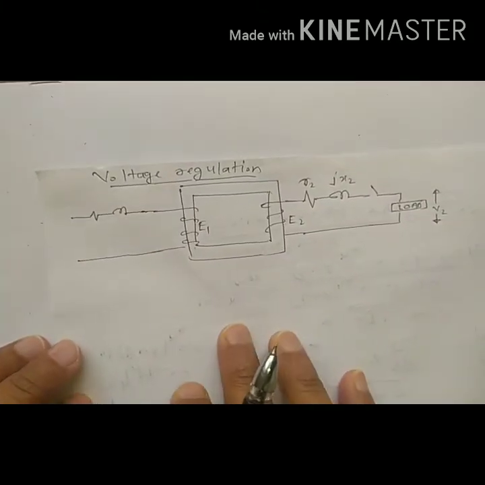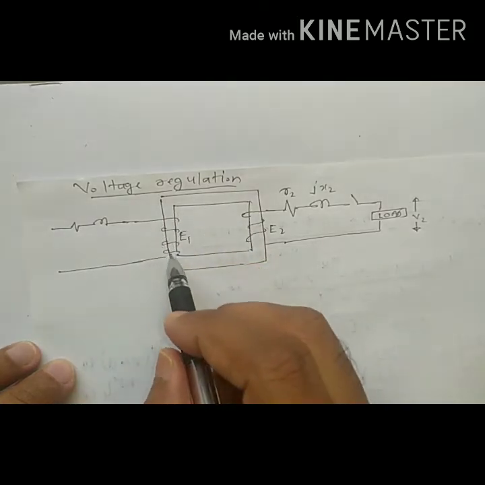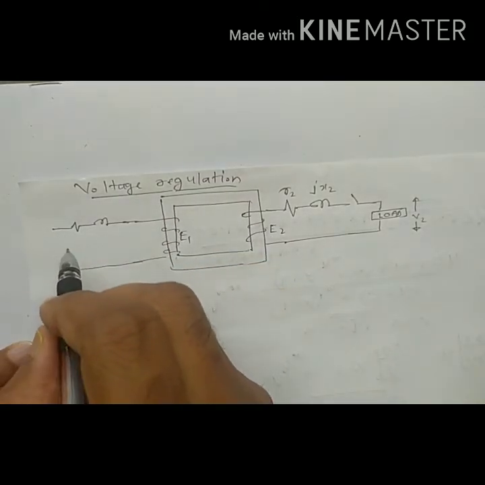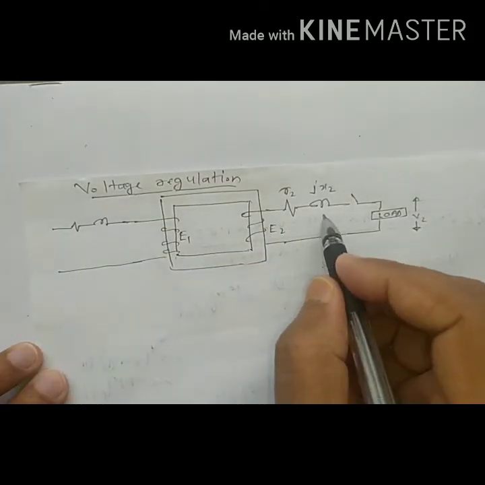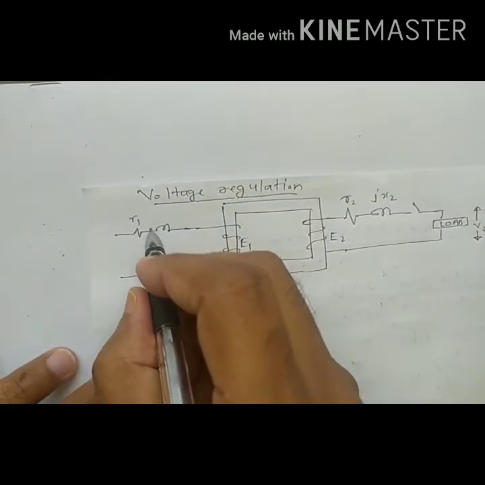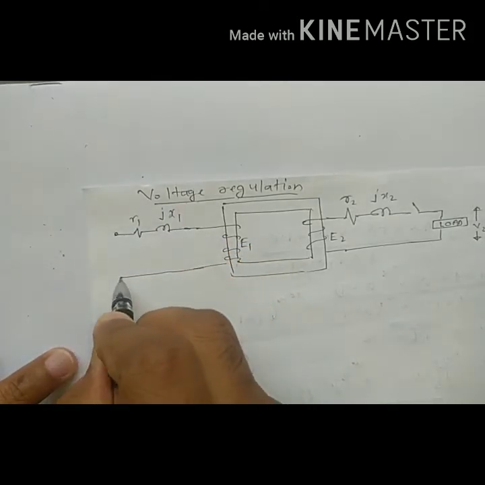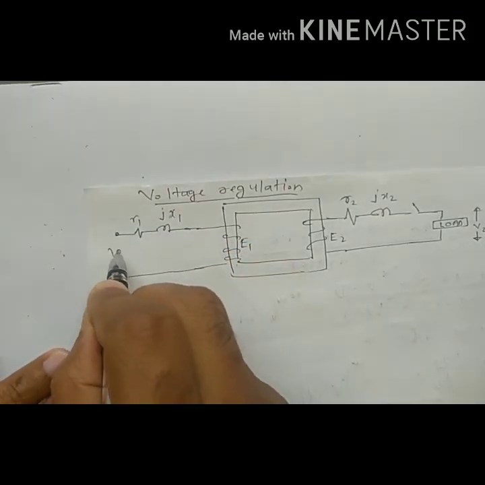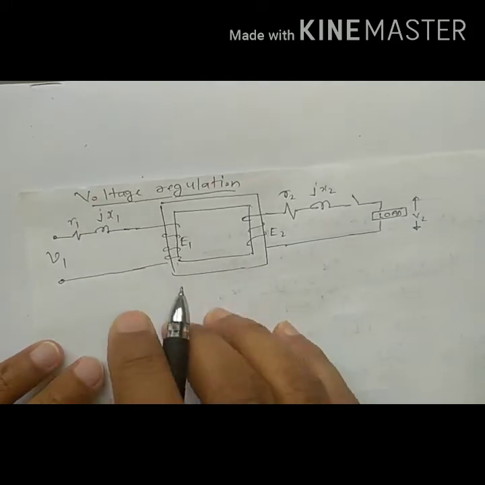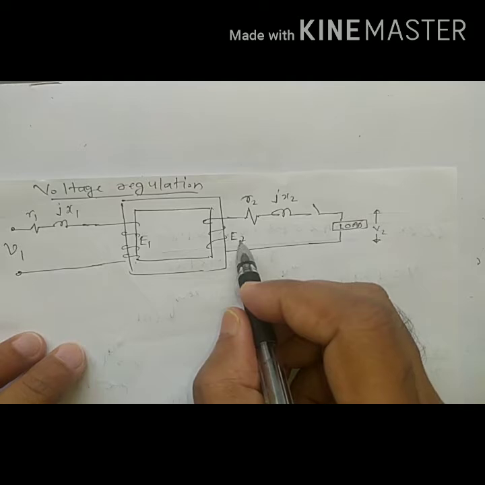Let us see voltage regulation of a transformer. Say this is a transformer having primary winding and secondary winding. So the primary winding will have resistance R1 and leakage reactance jX1, because the winding is RL only. Supply voltage to primary is V1, EMF induced is E1, and EMF induced on the secondary of the transformer is E2.